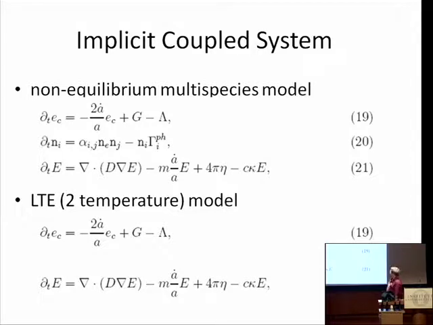I should say that we also have the option of doing without the rate equations, and we have an LTE model, otherwise known as a two-temperature model, where you just solve for the gas energy and the radiation energy as a coupled implicit system. So we can do radiative shocks and Marshak waves and what have you, just regular radiation hydrodynamics.